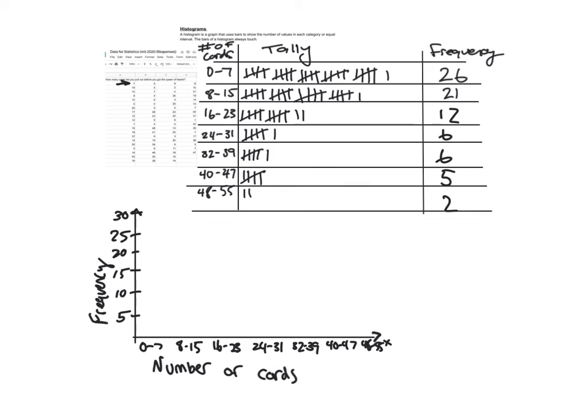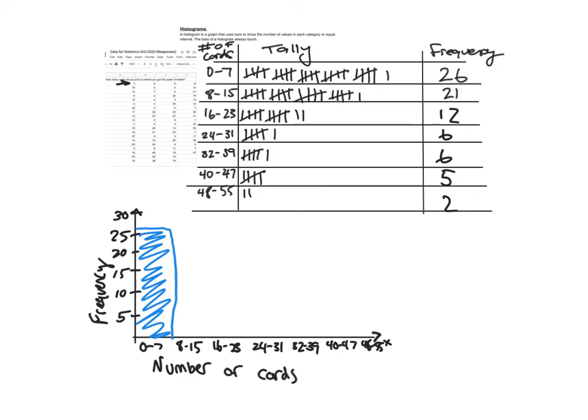Okay, so from 0 to 7, we need to go up to 26, which is just a little bit above 25. So I'm going to draw a line like that, and then I'm going to draw a bar down. Actually, let's use a different color. We can shade that in a little bit.